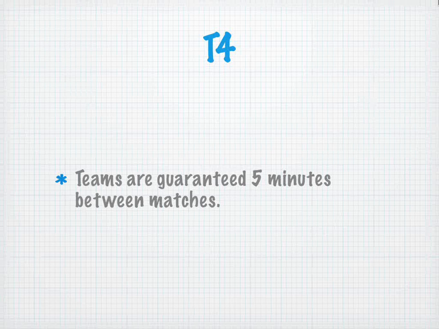Now, if somebody really needs it, if they have some compelling reason, then we'll allow them a little extra time. But in general, we want to push that schedule so that we can stay on that 7 or 8-minute match schedule. It'll be challenging, but we need teams to be quick and understanding about needing to get through the schedule quickly.